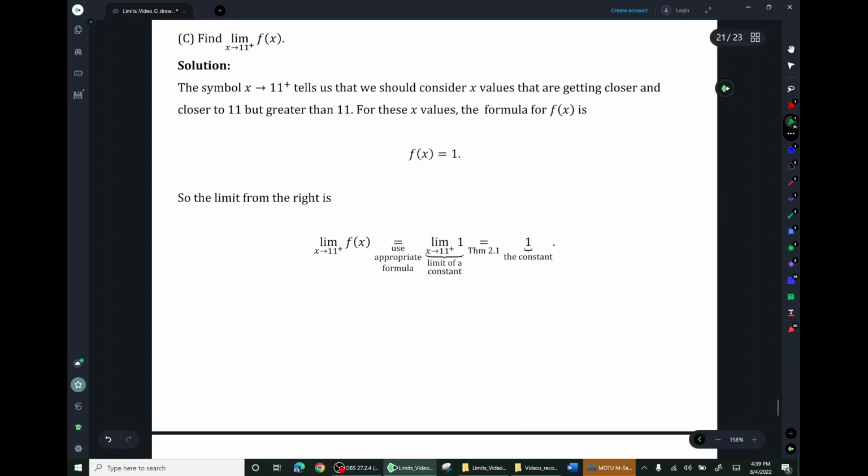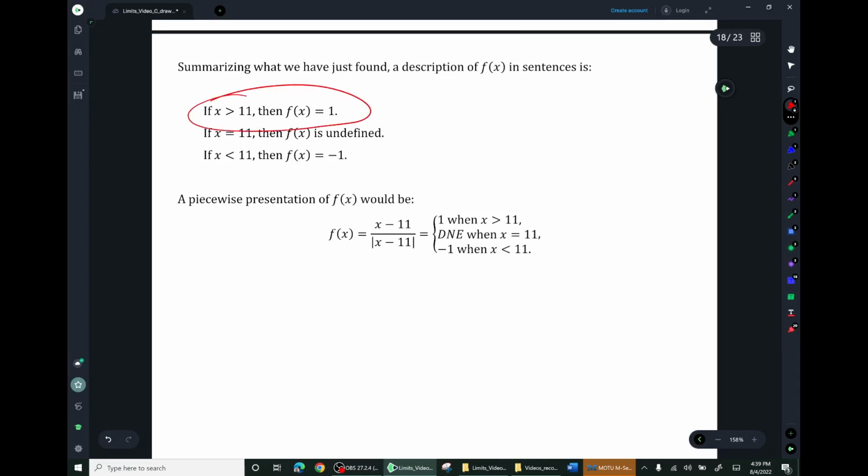Question C, we're supposed to find the limit as x approaches 11 from the right of f of x. Well, that symbol, x approaches 11 from the right, tells us we should be considering x values that are getting closer and closer to 11, but greater than 11. Well, for these x values, the formula for f of x is this: f of x equals 1.